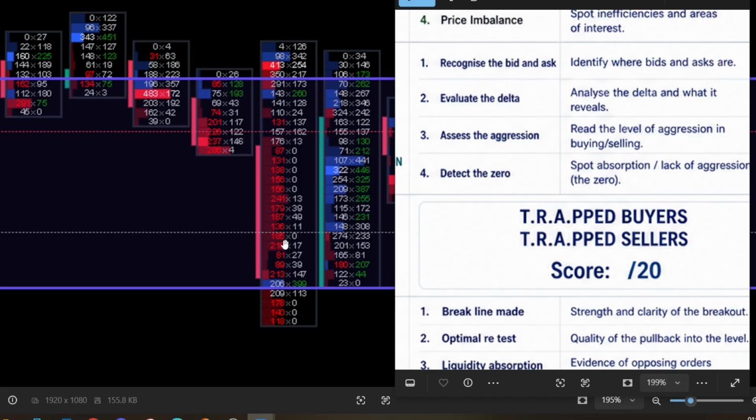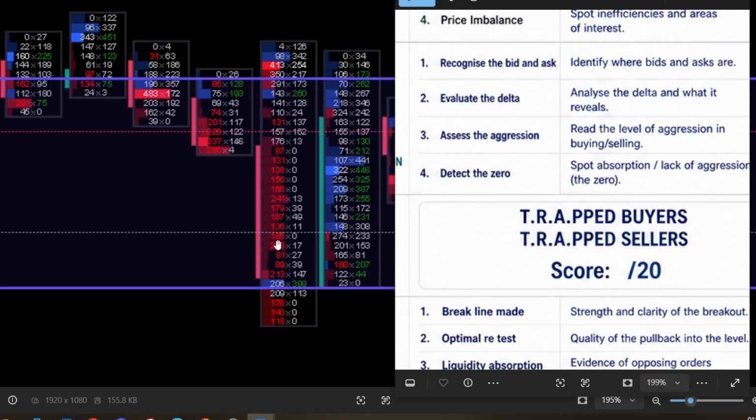Or what's the more obvious answer? We see the presence of zeros. There's something even more obvious. We see that's number 4, but we see something even more obvious than that, just by looking at the footprint chart. What is it? Just the color, the fact that it's all red.